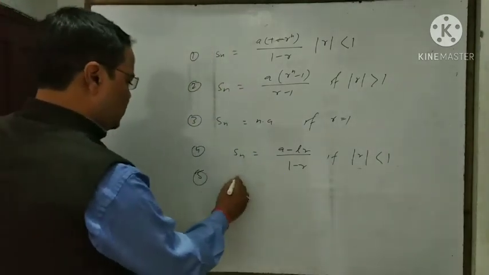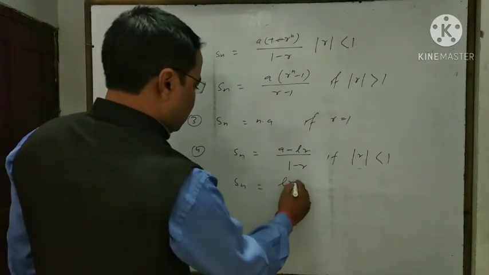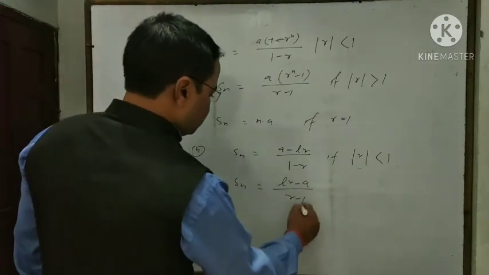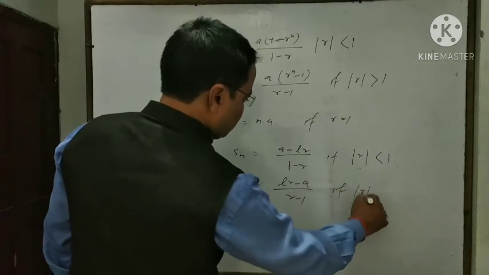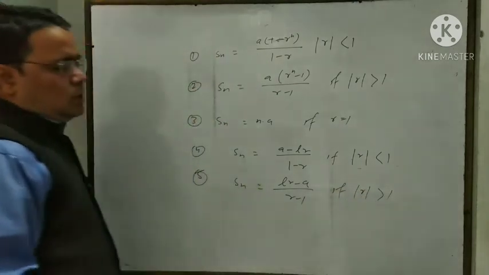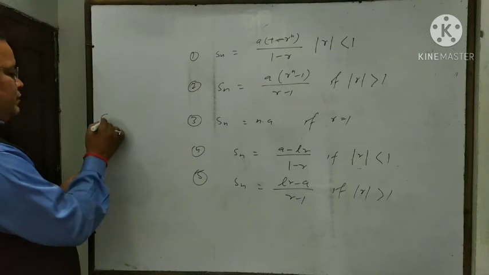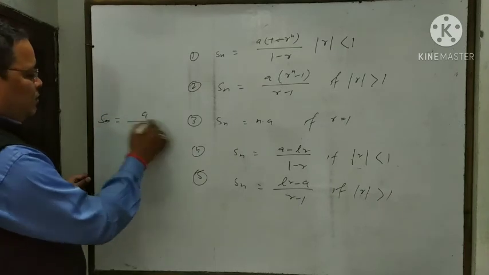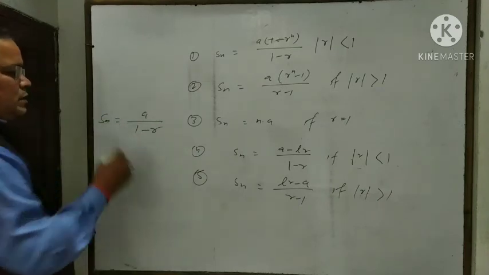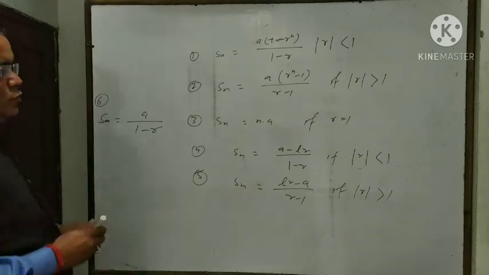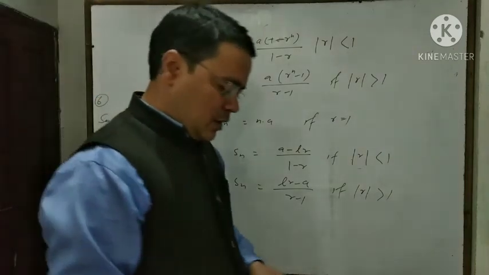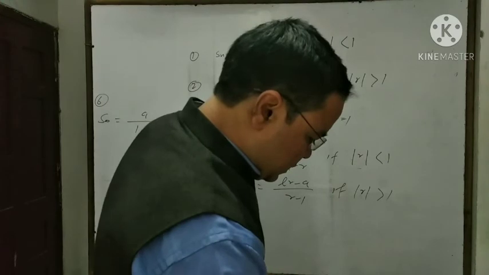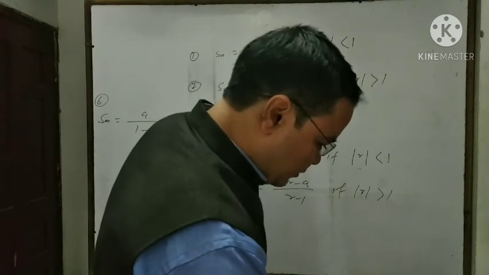Fifth, Sn is equal to lr minus a upon r minus 1, if this value is greater than 1. And here S infinity is equal to a upon 1 minus r. This total formula is useful for the next exercise, that is exercise 10.6.